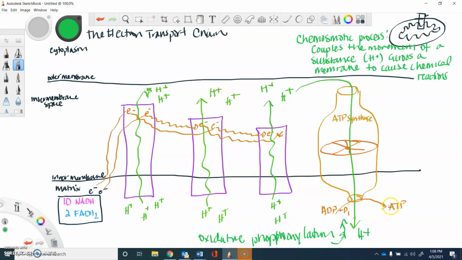So in the electron transport chain, we end up with about 28 to 32 ATP, because each NADH makes about 2.5 ATP, and each FADH2 makes about 1.5 ATP. So that brings us to that 28 number, 28 to 30, whatever it is. Okay.